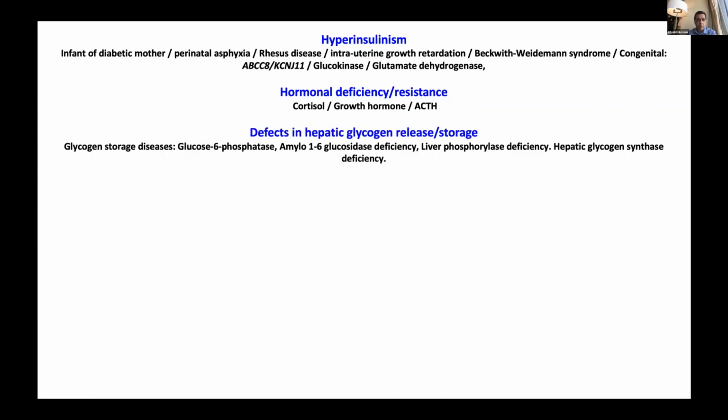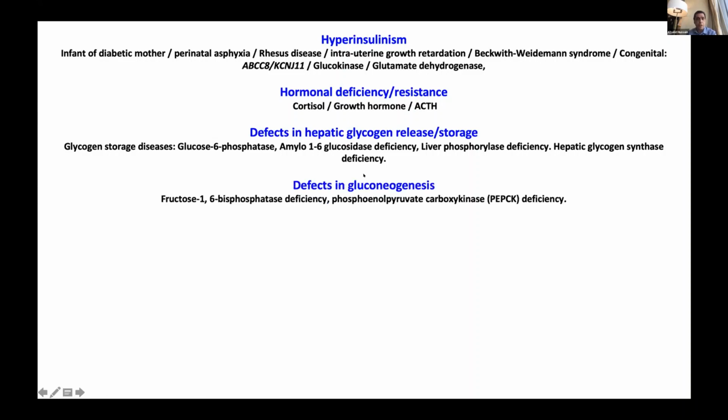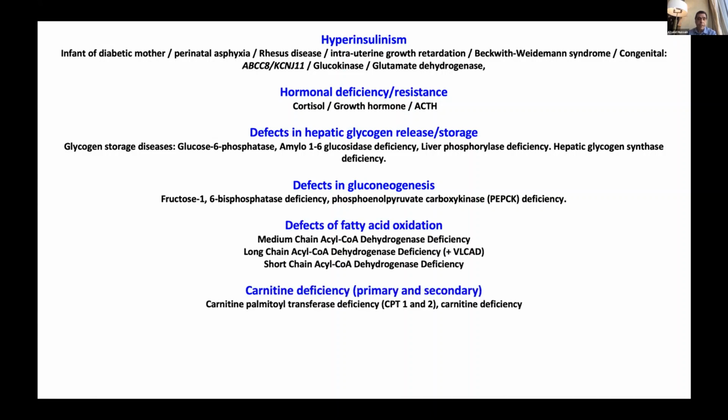Then there are defects in the mechanisms by which you release stored glycogen; these are the glycogen storage disorders listed there. Defects in the ability to make glucose from those non-carbohydrate sources that I showed you, and these are the enzymes involved in the liver. Defects in the ability to break down fatty acids, these are fat oxidation disorders.